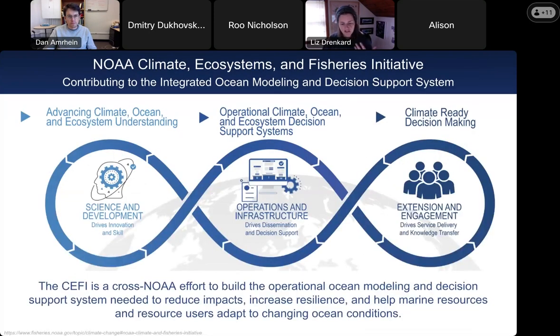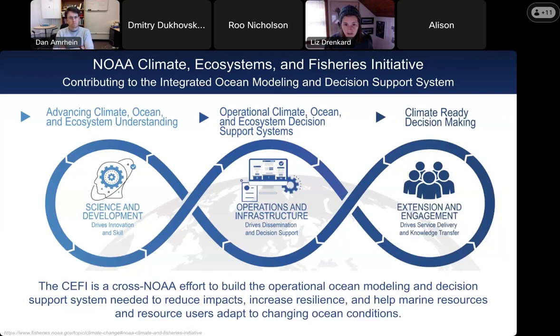A lot of this we are considering and making these recommendations in support of NOAA's Climate Ecosystems and Fisheries Initiative. So, big picture, an effort to have these operational ocean models that can support decision making in the future, whether that's for shorter term forecasts, seasonal to decadal, or long-term climate change projections. It's a big effort going on right now, and more people are coming onto our team, which we're really excited about.